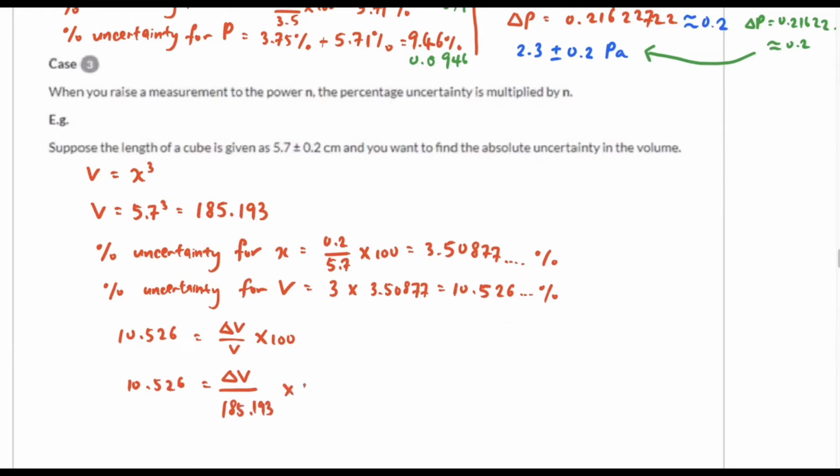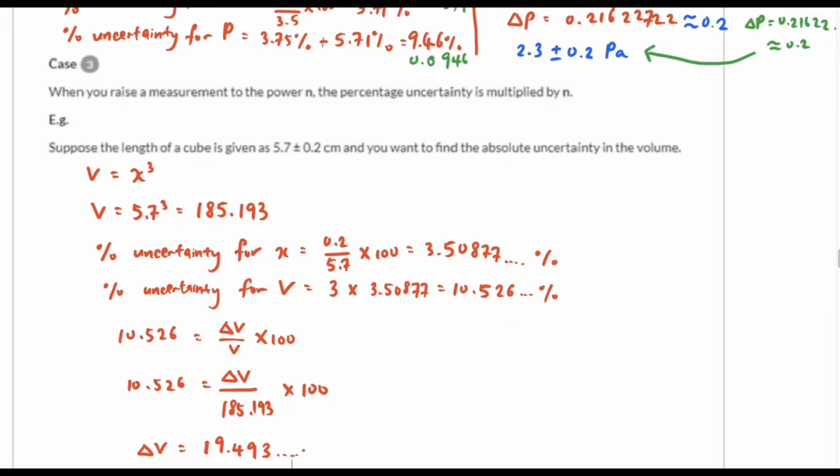Multiply with 100, and then we get delta V: 10.526 times 185.193 divided by 100, which is 19.493 and so on.